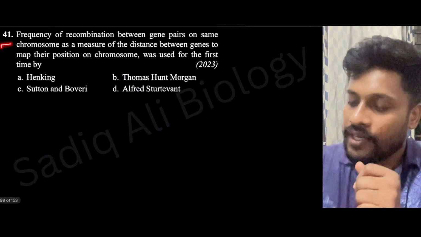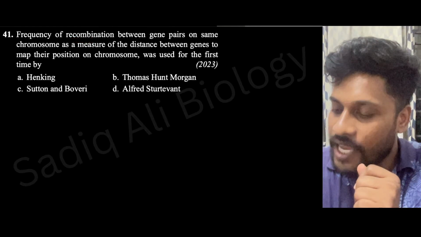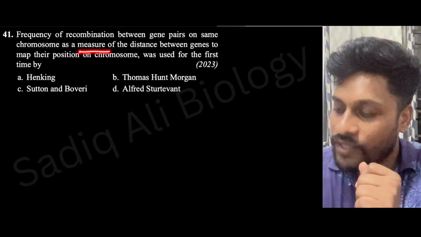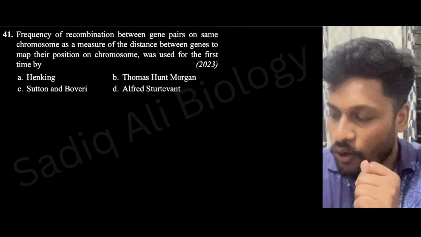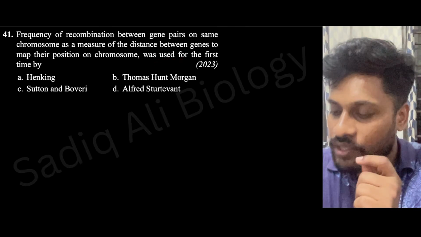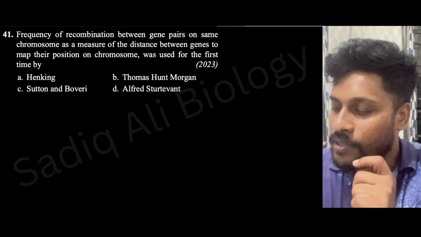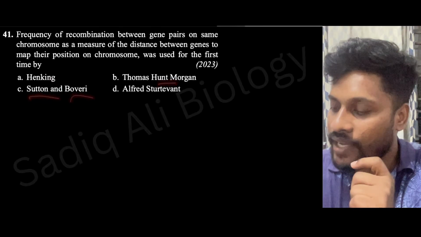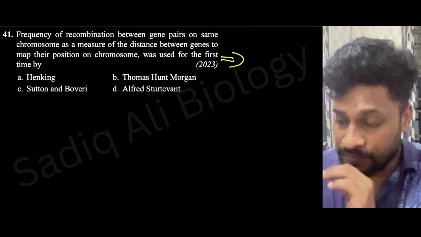Now, 41. The frequency of recombination between gene pairs on the same chromosome as a measure of the distance between genes to map their positions on chromosome was used for the first time by Henking, Thomas Hunt Morgan, Sutton and Boveri, Alfred Sturtevant. Guys, this is nothing but what?